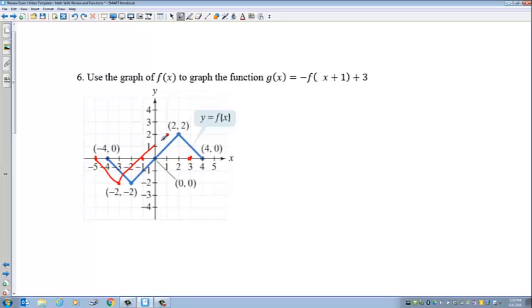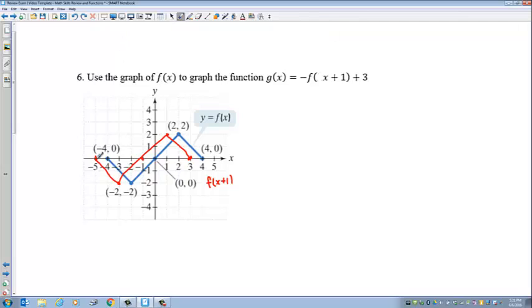And so this red graph is simply the graph of f of x plus 1. And then the negative on the outside, so what that's going to do is it's going to basically flip the outputs. If the outputs are positive, it'll make it negative, or if the outputs are negative, it'll make it positive. So basically, it's just a reflection across the x-axis. So we can do this one in green.